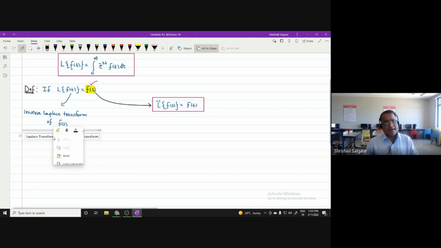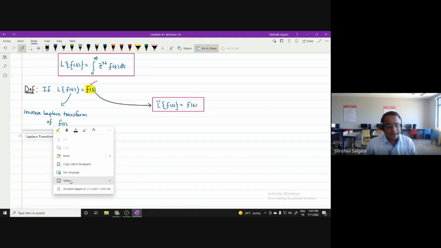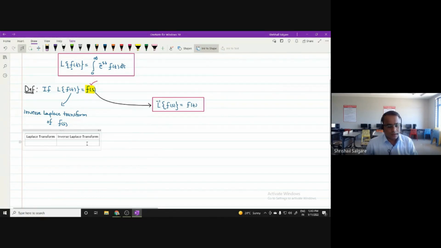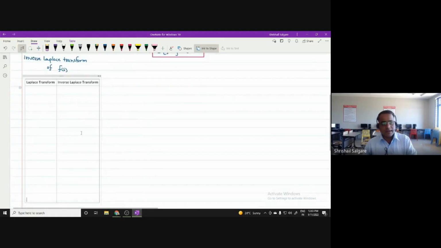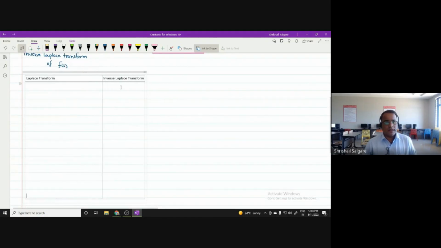Just a minute, I will insert a table. Instead of that, I will take a big table here with the Laplace transform and inverse Laplace transform.